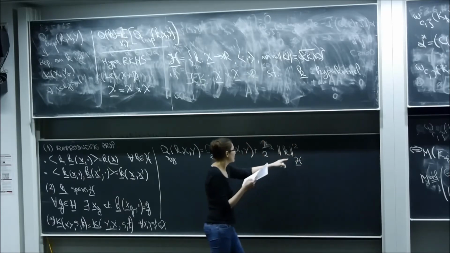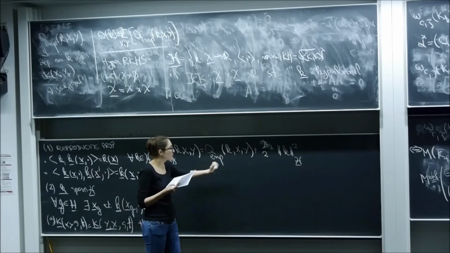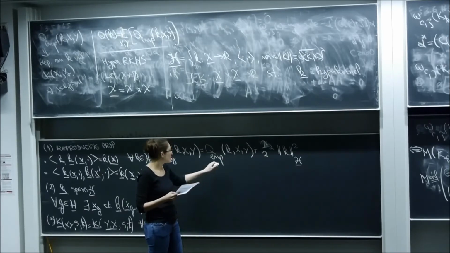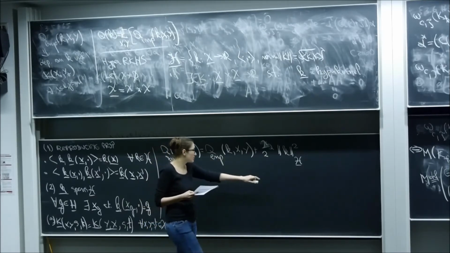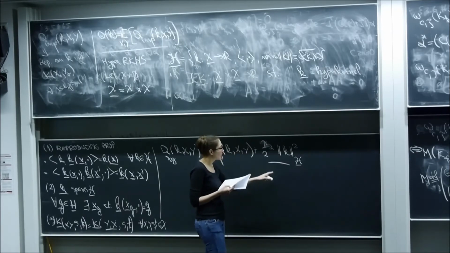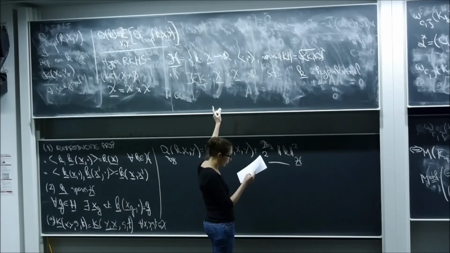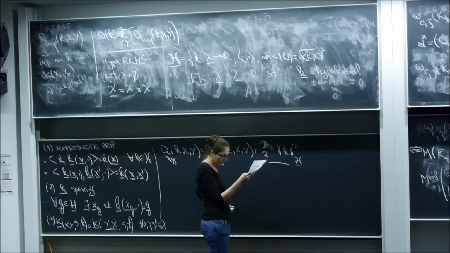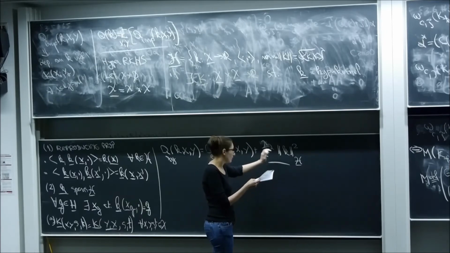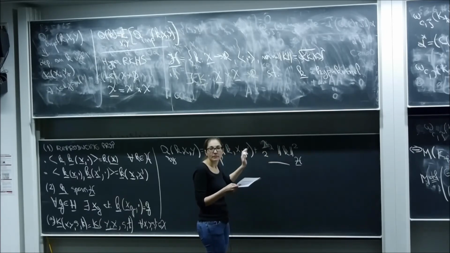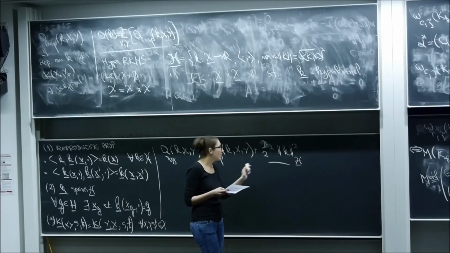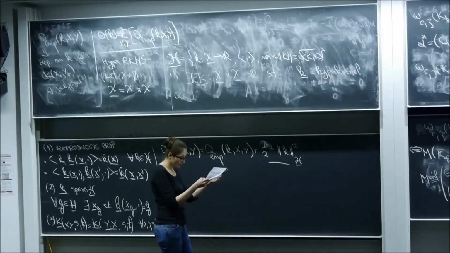For some kernel k, I'm going to introduce this regularization penalty in terms of the norm in that RKHS. So this is the norm of k in that RKHS, and this serves as a penalty.